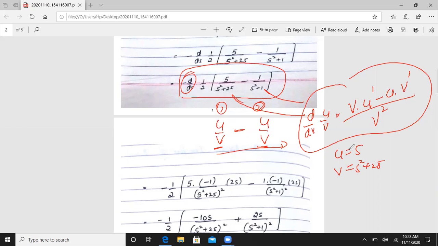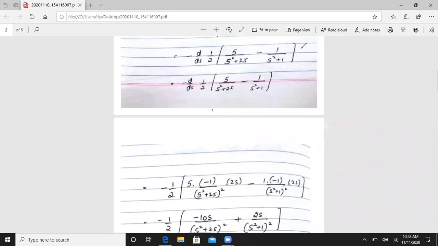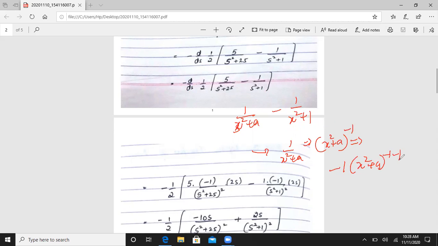Sorry, this is not the u by v formula. It becomes the 1 divided by x square plus a formula. 1 divided by x square plus a is x square plus a to the power minus 1. Differentiating, we get minus 1 into x square plus a to the power minus 1 minus 1, into differentiate of x square, which is 2x to the power 2 minus 1.